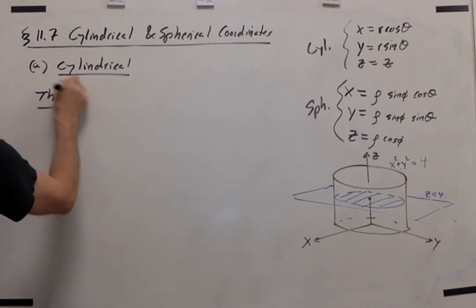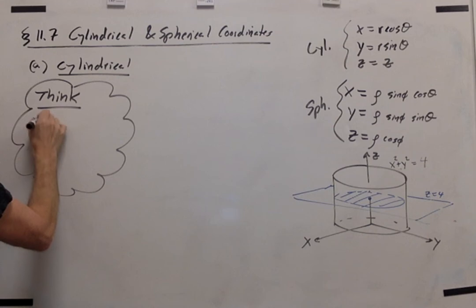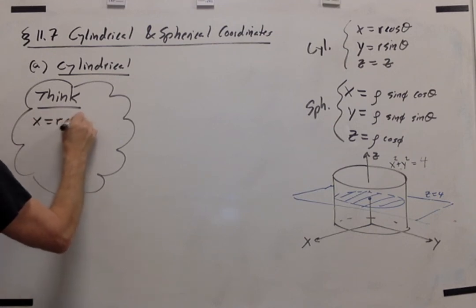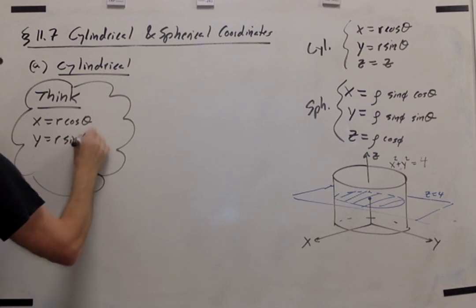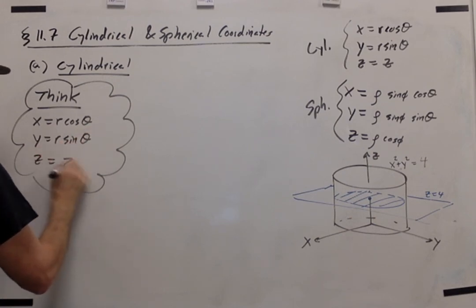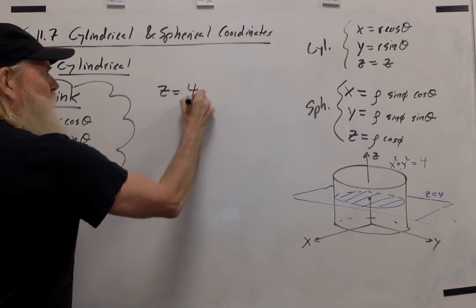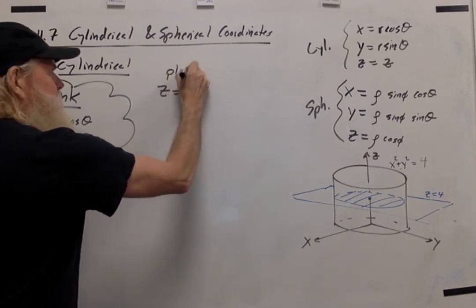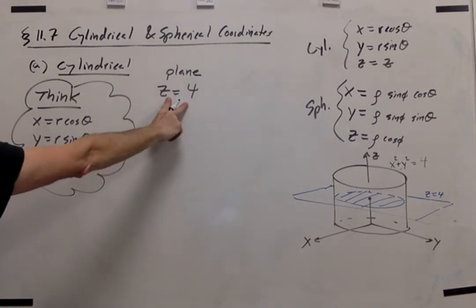So, in our thought bubble, we're going to think general cylindrical coordinates. x equals r cosine theta, y equals r sine theta, and z equals z. And we're going to substitute those into the equation for the plane. Well, ta-da, z equals 4.